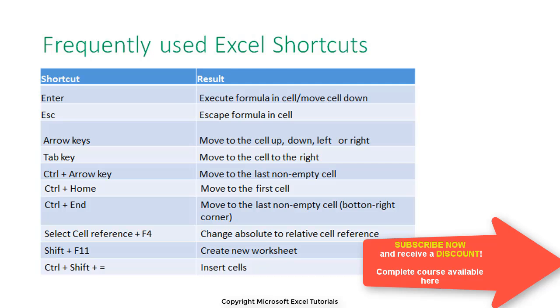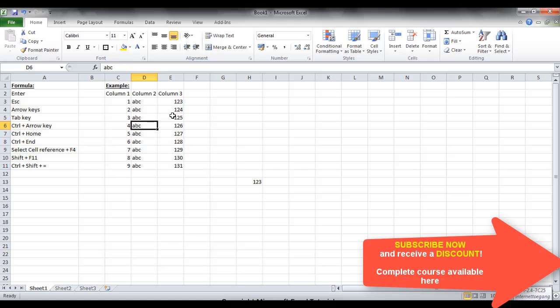I now go back to Excel. Suppose I want to use the Enter key to move to the next cell. I step into a cell, press the Enter key, and as you can see, I move to the next cell below. Suppose I want to enter a formula.